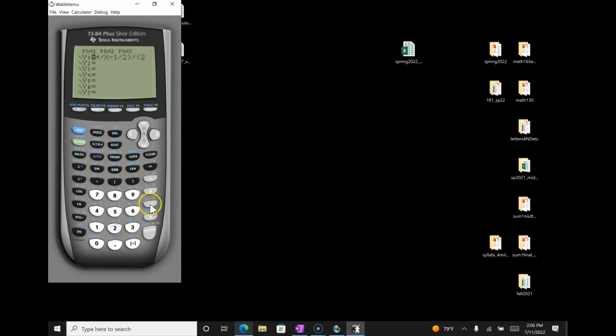Notice I'm putting things in parens. I look at my graph. I know I'm going for 2, right? X is 2. I think I do trace, and I say x is 2.